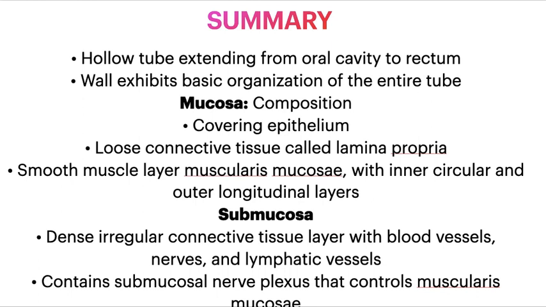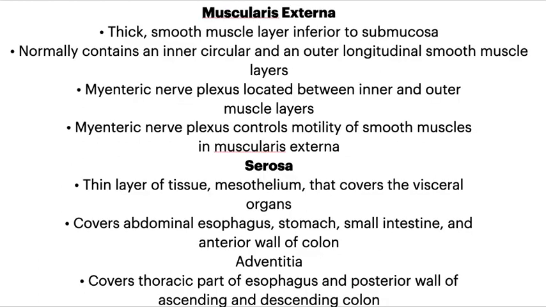The mucosa is composed of the covering epithelium, the loose connective tissue called lamina propria, and the smooth muscle layer, the muscularis mucosae. The submucosa after the mucosa contains a dense, irregular connective tissue layer with blood vessels, nerves, and lymphatic vessels. It also contains the submucosal nerve plexus that controls the muscularis mucosae.